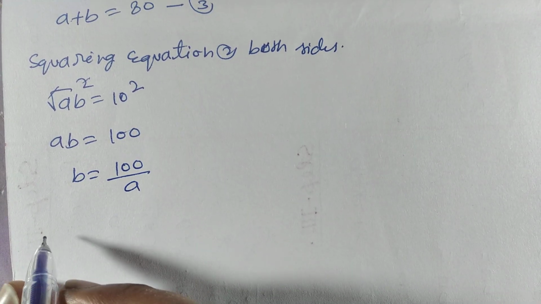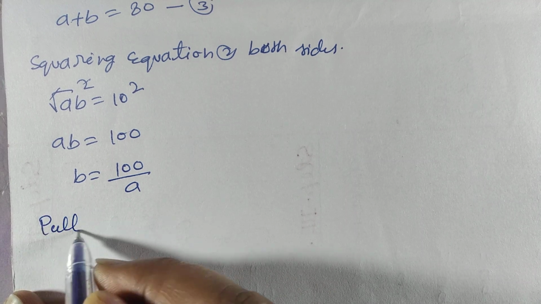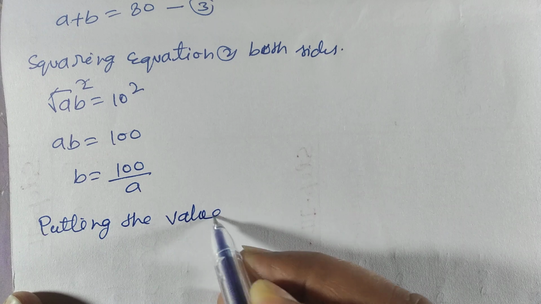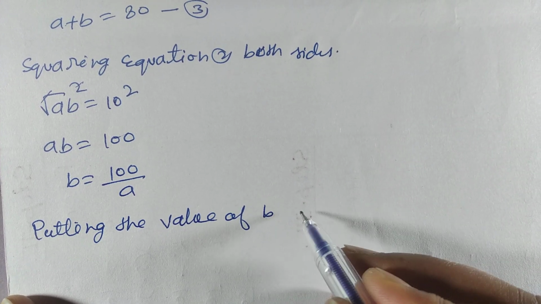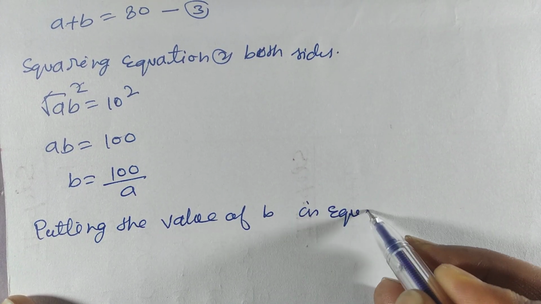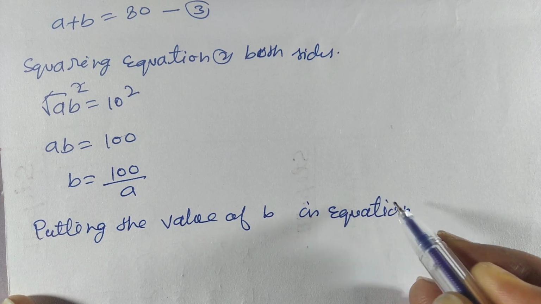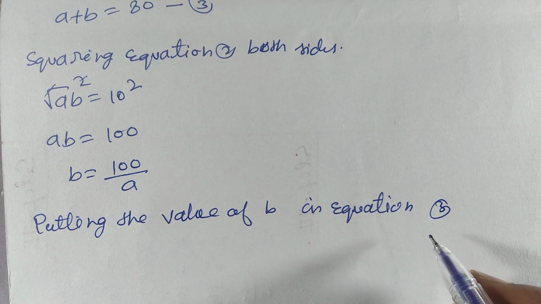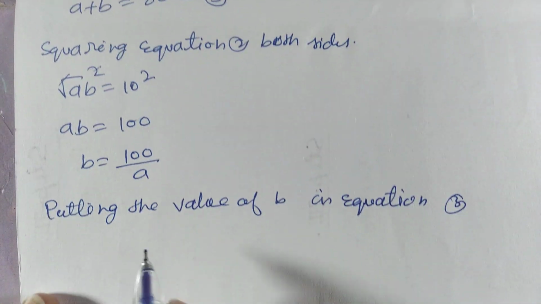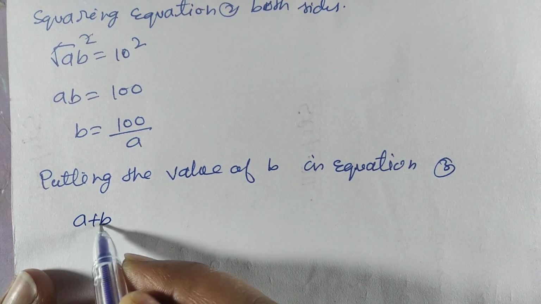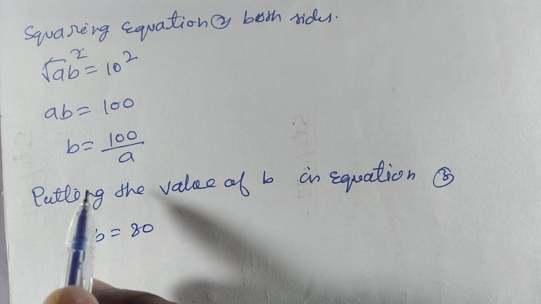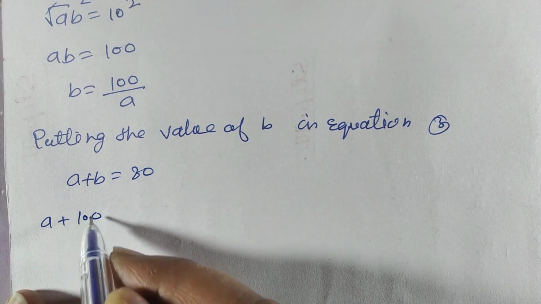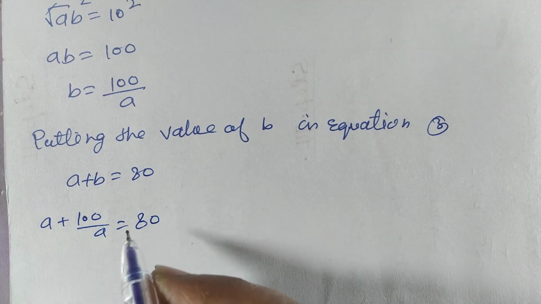Putting the value of b in equation number 3. Equation number 3 is a plus b is equal to 80. The value of b: a plus 100 over a is equal to 80.